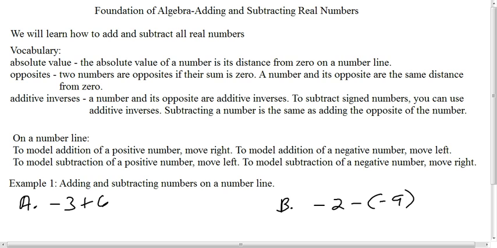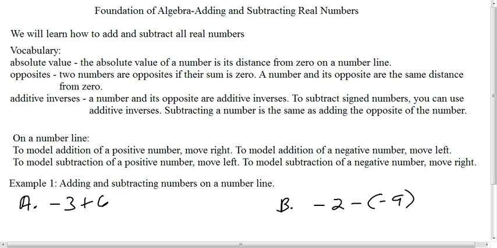Opposites. You will hear this word throughout your Algebra 1 course. Opposites are two numbers whose sum is 0, meaning if you add the numbers up, you get 0 as an answer. So a number and its opposite are the same distance from 0, on opposite sides of 0.